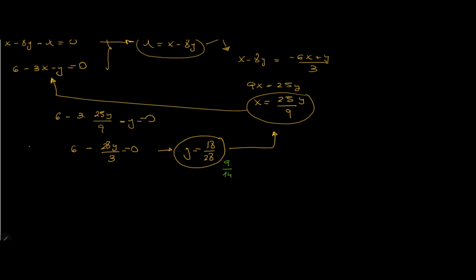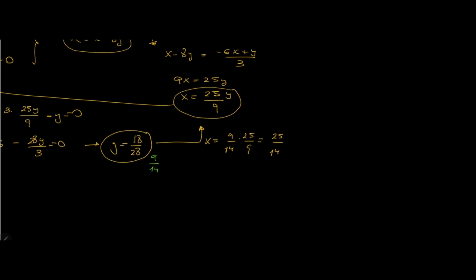And with that substitution, x equals 9 divided by 14 times 25 divided by 9, that means 25 divided by 14.